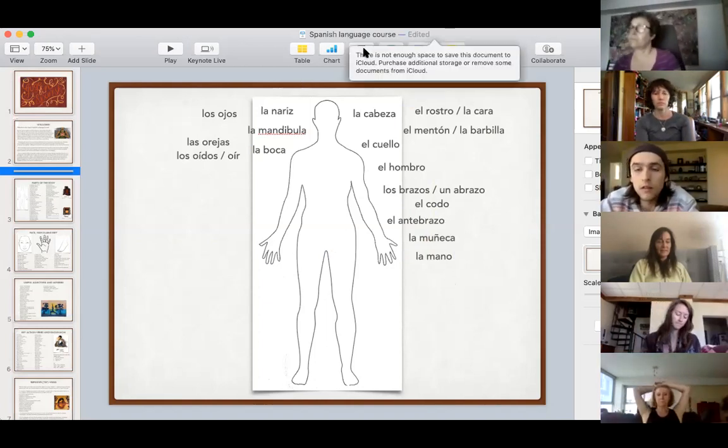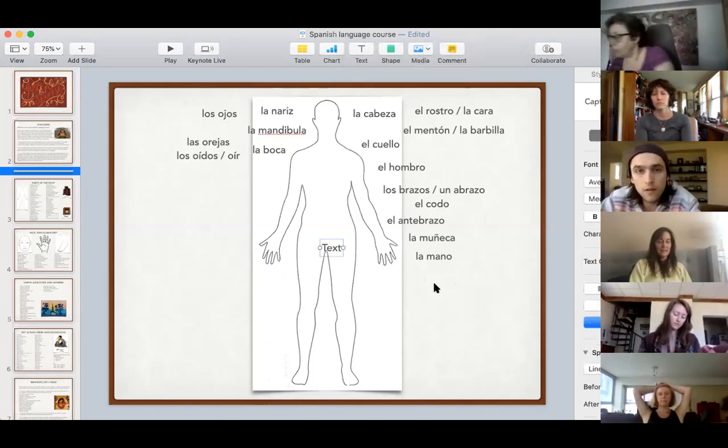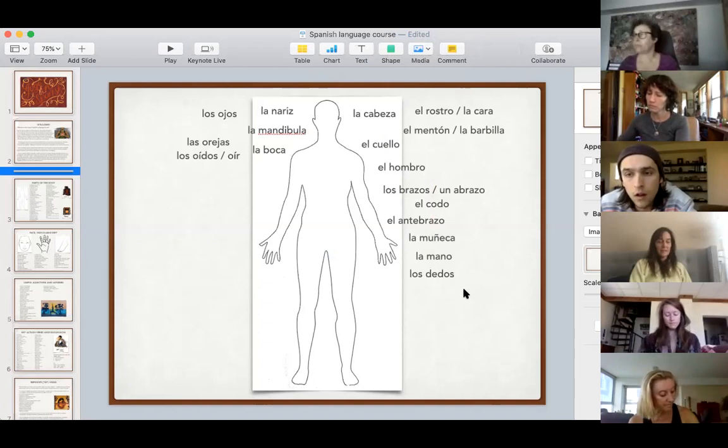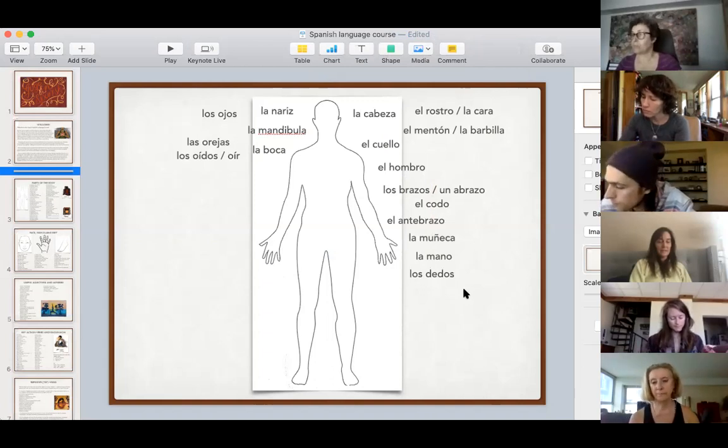Good. Somebody said, what was the word for fingers? Dedos. Los dedos. Now, funny fact, in Spanish, the word for fingers of your hand and fingers of your feet is the same word. So they don't have a different word for toes, right?